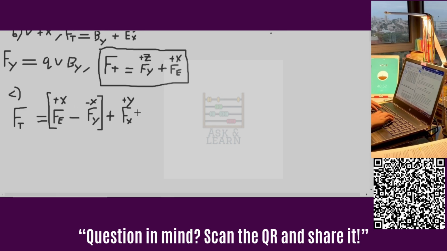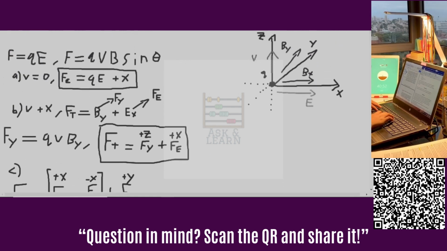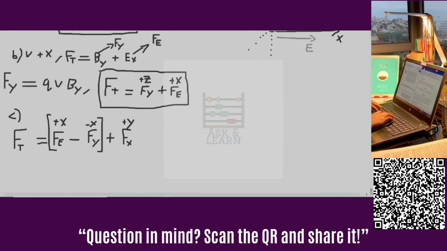We need to find this Fx, or the force due to the magnetic field in the x direction. So once again, we have our force here for the magnetic field. The velocity is traveling 90 degrees to the magnetic field, which means that it will be a sine of 90 degrees, which is 1. So we can discount that. So we have the charge times the velocity times the magnetic field, and those are all quantities that we know.